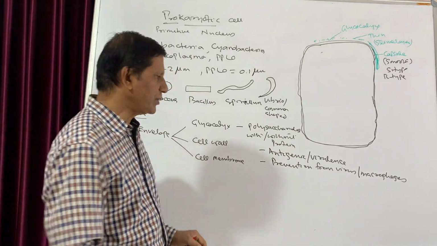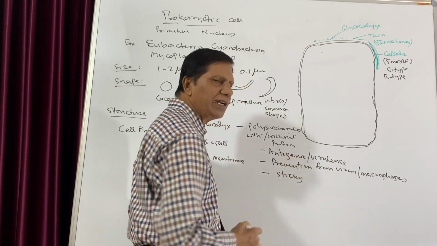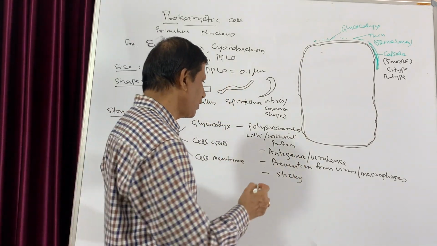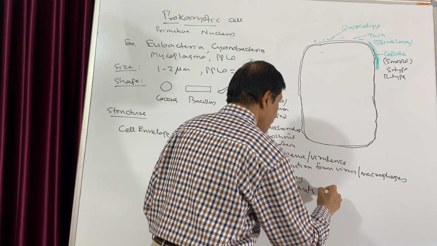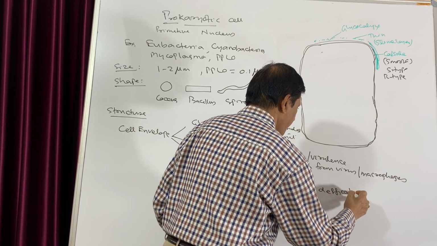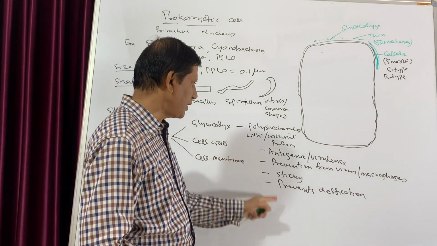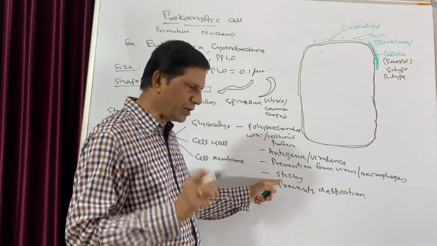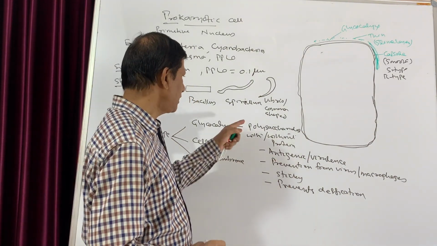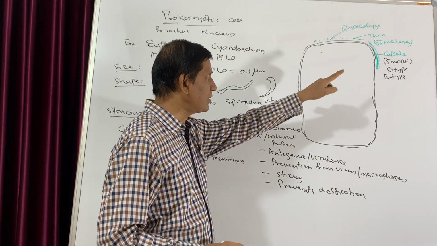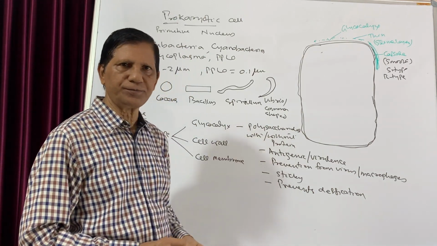Then another important function is that it makes the bacteria sticky, so that it can be attached to any surface, and also it prevents desiccation. So this sticky nature is very important for its own survival, and it is antigenic so that it can infect others. So this is the structure and the types, that may be slime layer and capsule, depending upon S type and R type, and these are the functions.